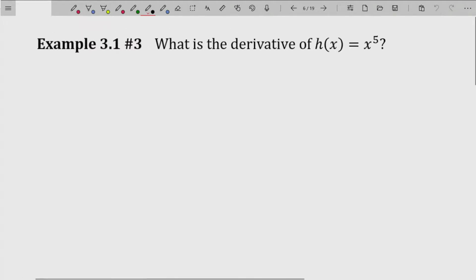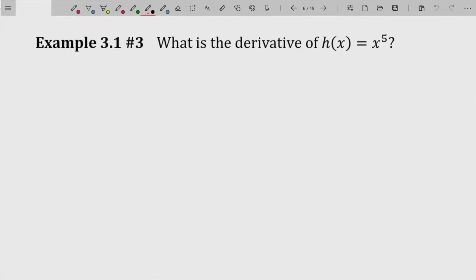What is the derivative of h of x, which is equal to x to the 5th? Well, we know that h prime of x is just going to be the limit. Now, let me change that function name if you don't mind. I'm going to call it capital H, just because I have a little h already in the limit.